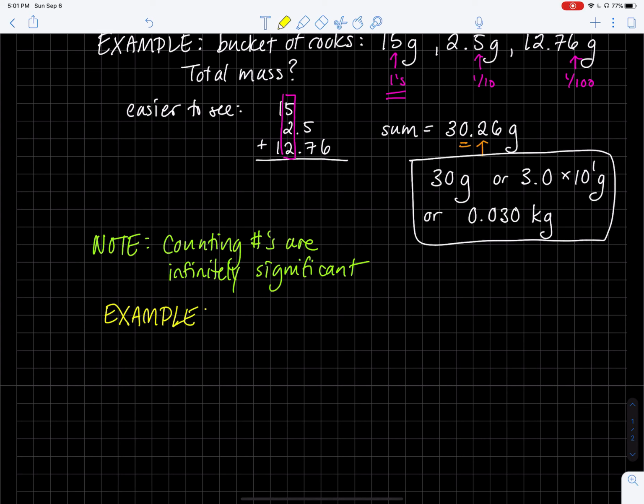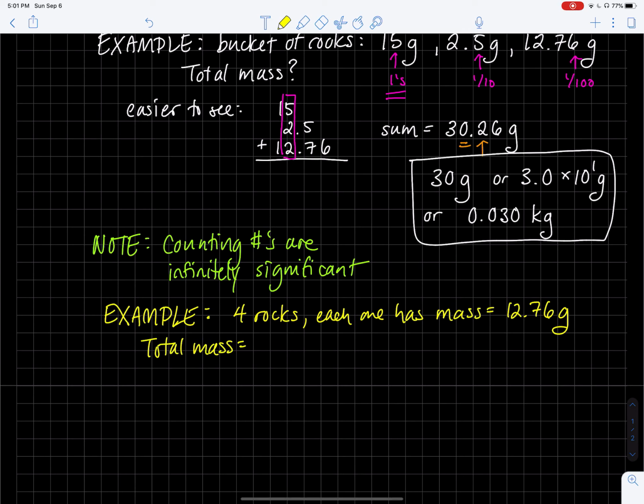If I gave you a bucket and said you have 4 rocks in that bucket, and each one has a mass of 12.76 grams, the total mass equals, you might not write this all out quite this way because it's sort of obvious, 4 rocks times 12.76 grams per rock. And the answer is 51.04 grams. And the answer should have 4 sig figs because this number has 4.